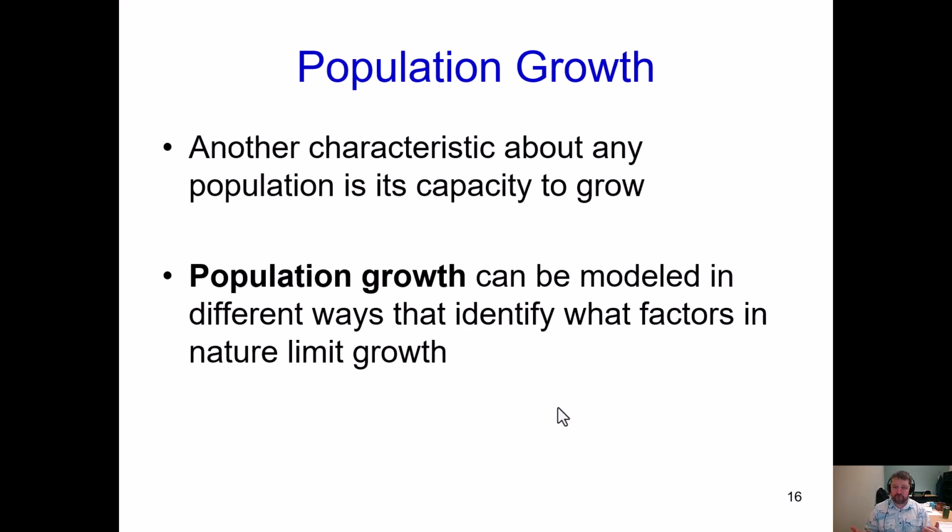Or is the population at maximum capacity? Or is the population over their maximum capacity, which means that if they've overshot how much resources they have, from a food perspective or nesting sites or whatnot, pretty soon that population will start to decline back under the carrying capacity. And we'll come back and talk about carrying capacity as we go.